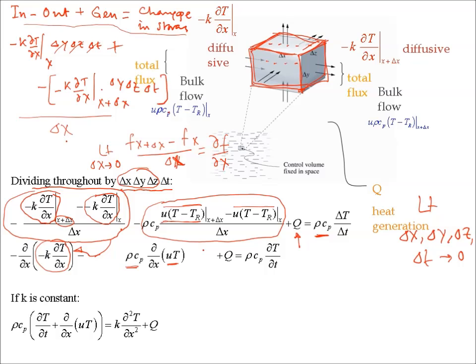You notice one thing though, I have removed the T_r because T_r is a constant reference temperature, and so there's no need to keep that inside the derivative, so we have dropped that. And then q is q, and then rho Cp del T over del t, in the limit of delta t going to 0, becomes del T over del t.